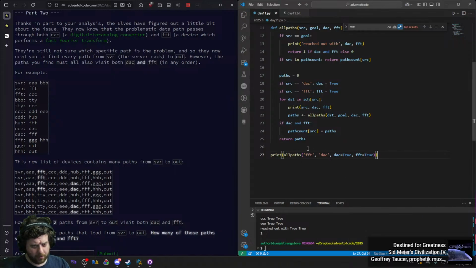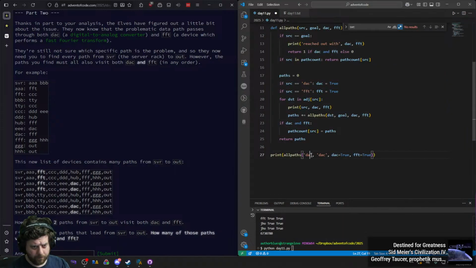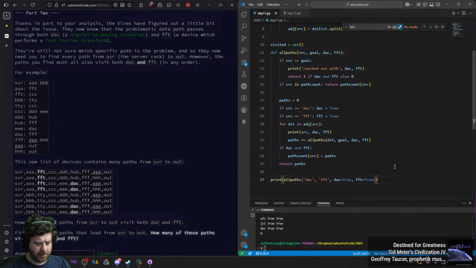There's 1 path there. Yeah, that's interesting.